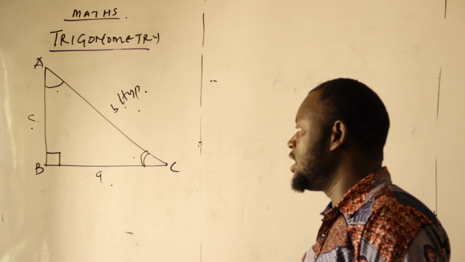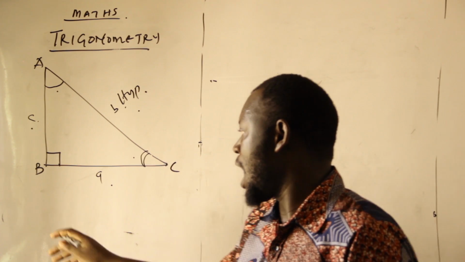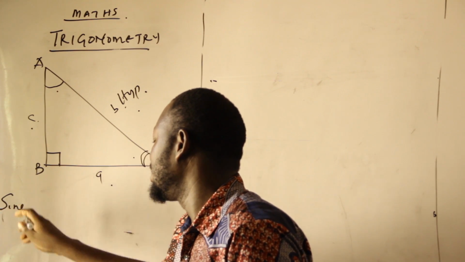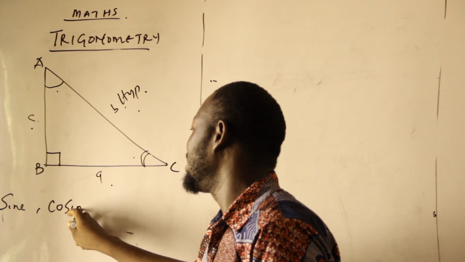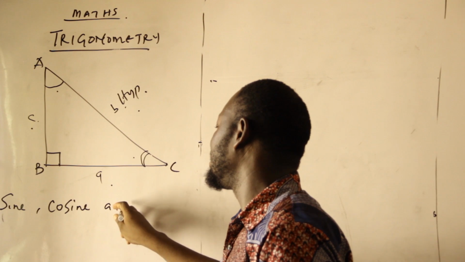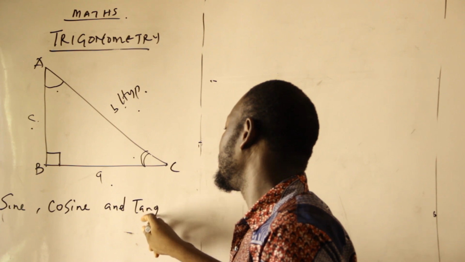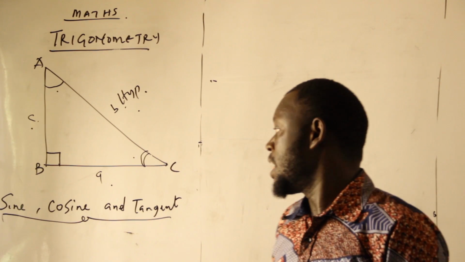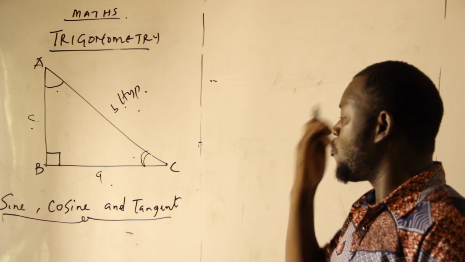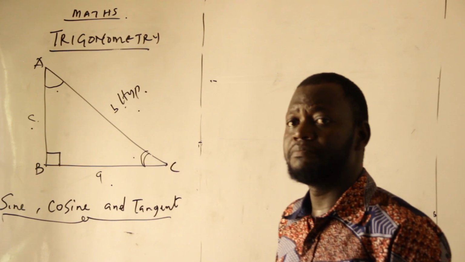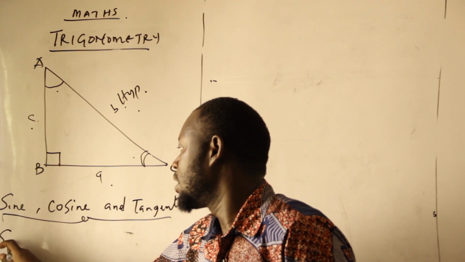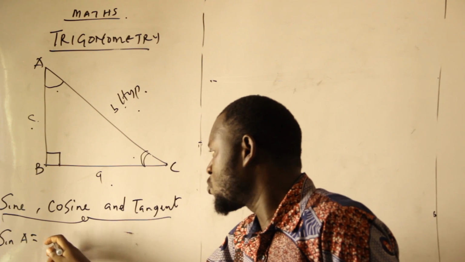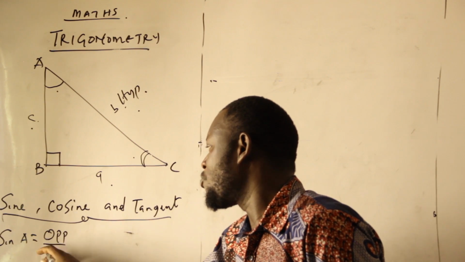Yes, there is a need for us to discuss what I call sine, cosine, and tangent. If I am working from this A, sine of A, please pay attention, it's important you know this, is equal to opposite over hypotenuse.